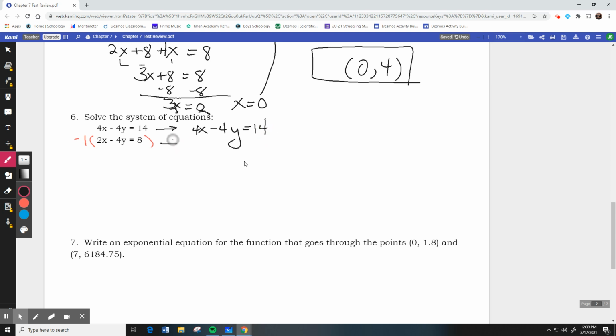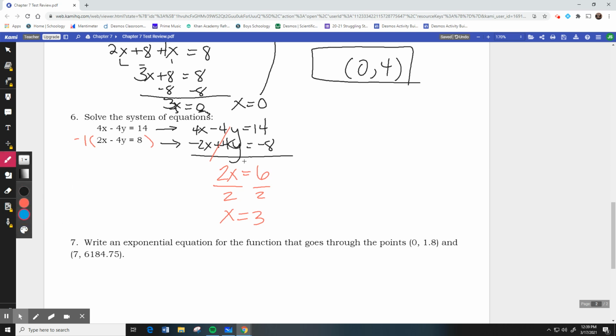And this equation, when I multiply through by -1, will be -2x, now plus 4y, because the minus and negative becomes addition, and then -8. So these are now opposites. So when I add, I get 2x equals 6. And then when I divide by 2, I get x is 3. And then I'm going to take this x is 3 and put it into either one of my original equations.